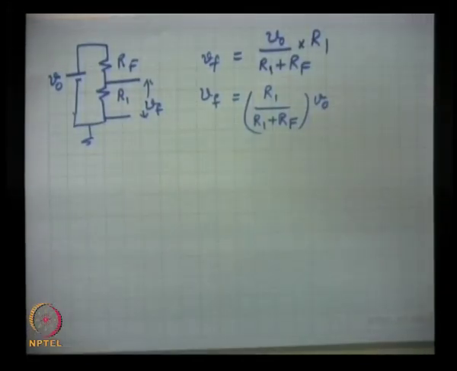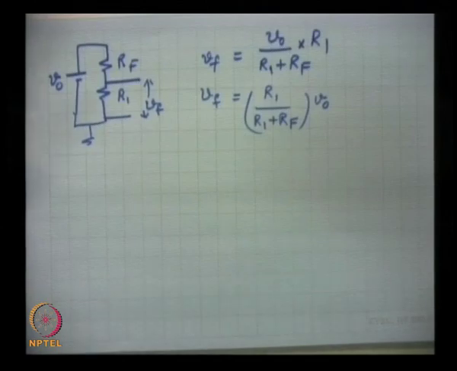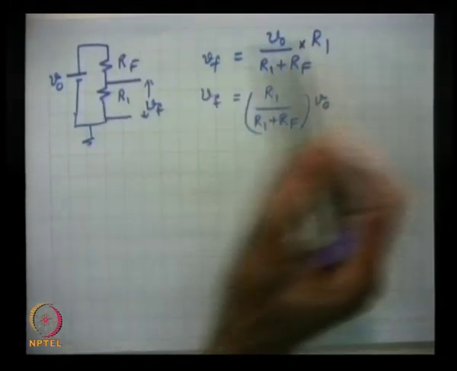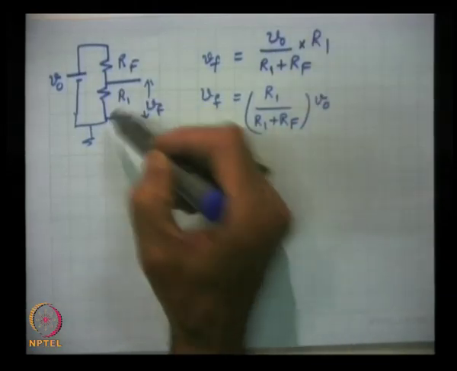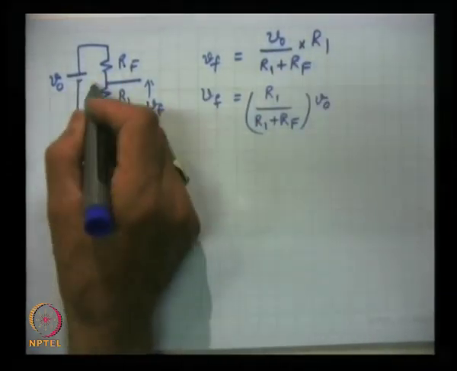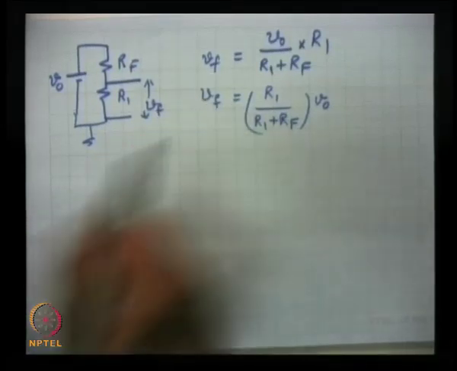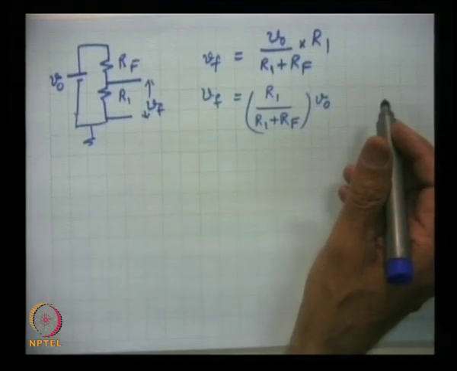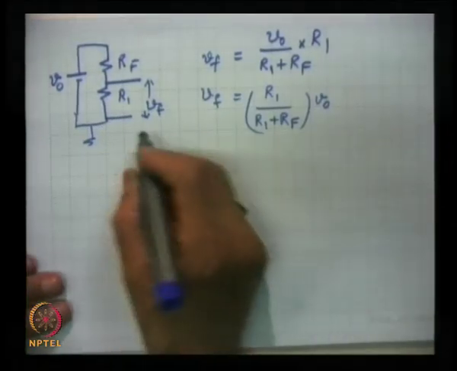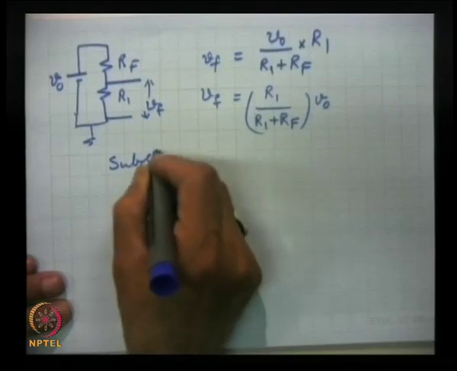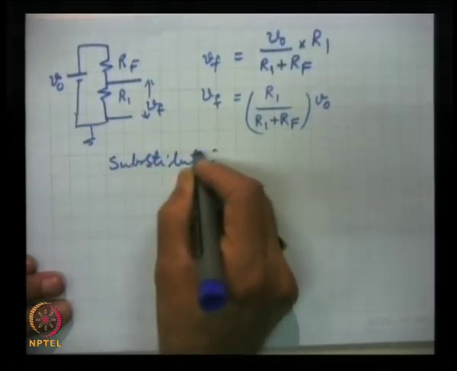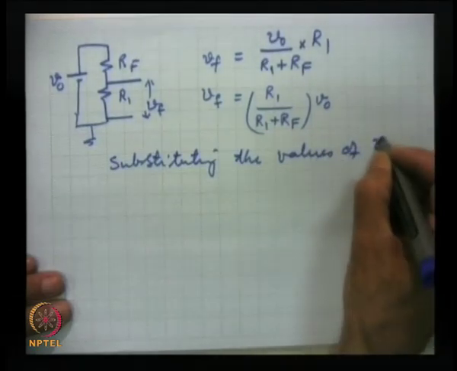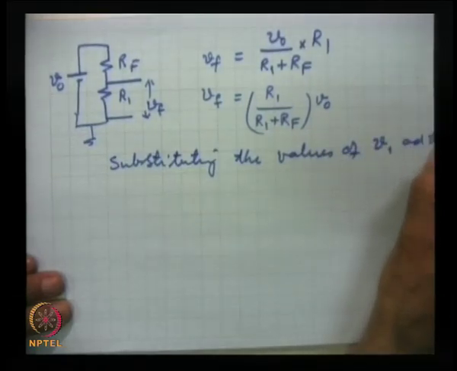Simple voltage divider circuit, and this we have talked several times. This is the current which will be flowing, and the voltage drop across R1 is that current multiplied with R1, that is this voltage Vf. So, we substitute the values of V1 and V2.